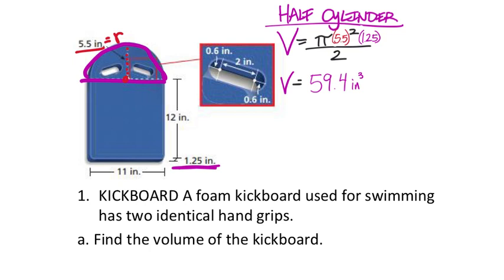But now, I also have the volume of this. Again, this is a rectangular prism. I know that the corners kind of look curved there in the bottom. They're just going to treat it like it's a rectangular prism on this one. So let's find the volume then of the rectangular prism.